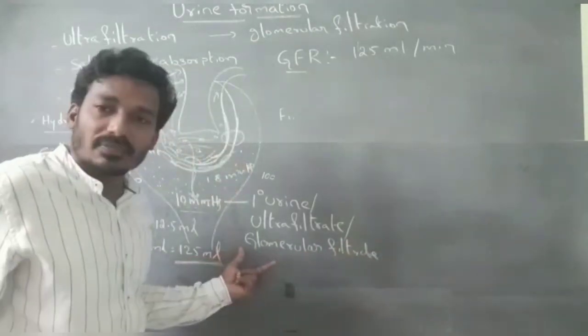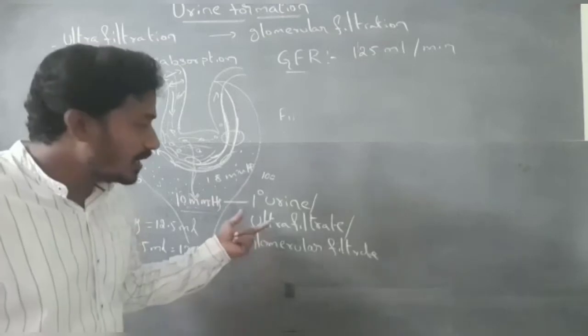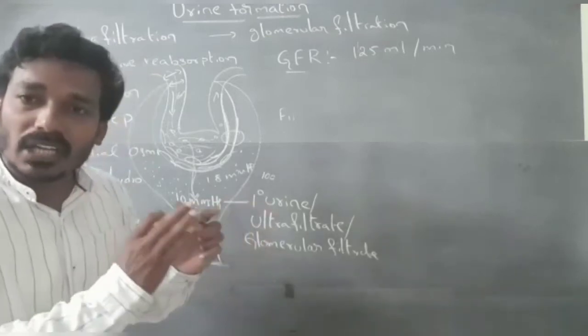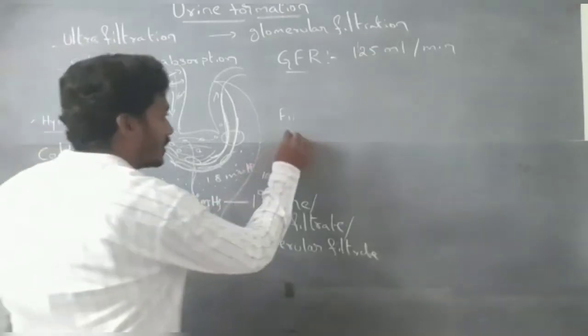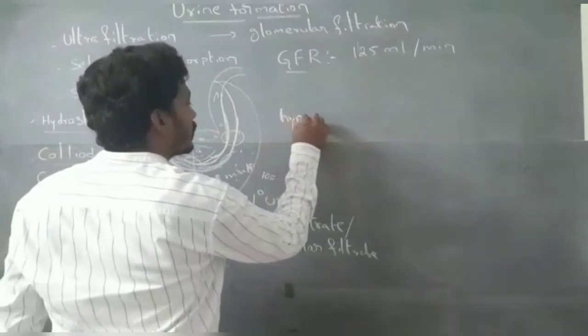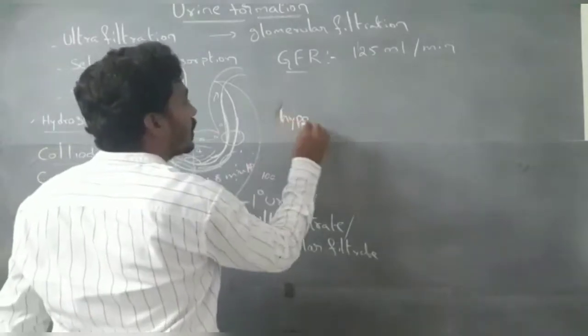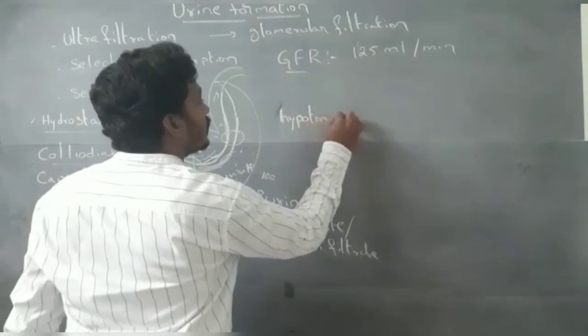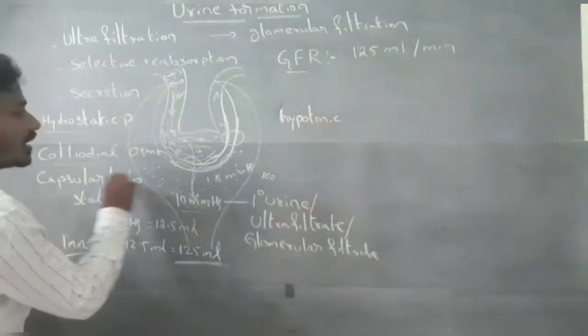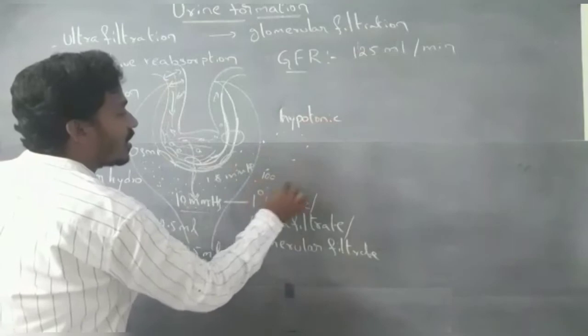This glomerular filtrate or primary urine is hypotonic to the cortical fluid.